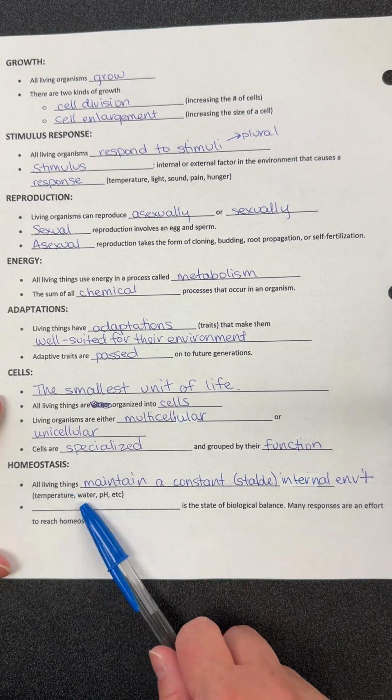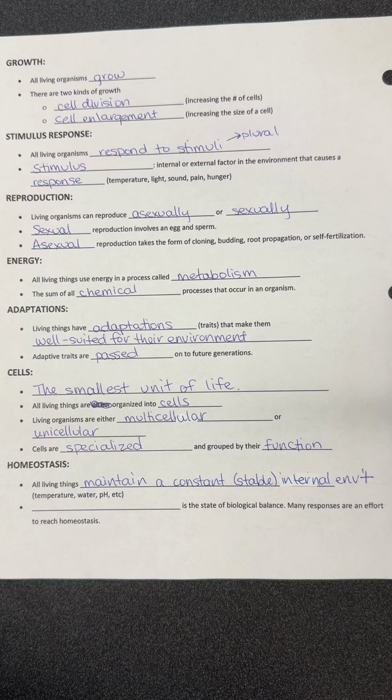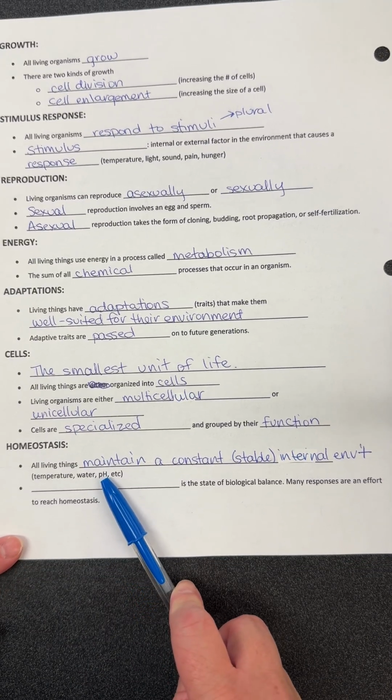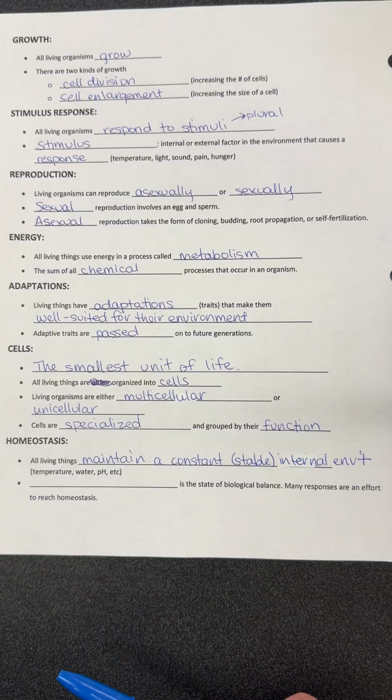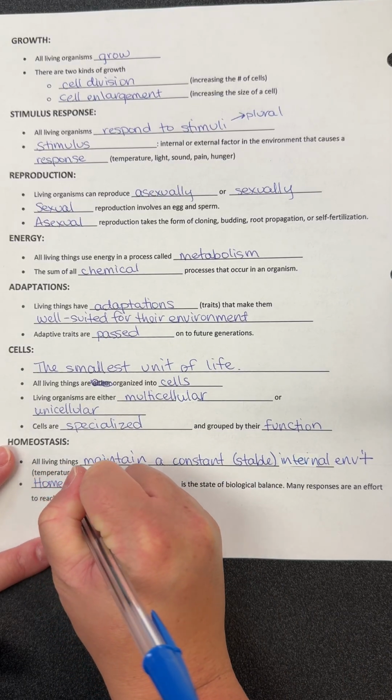We also have to regulate water. So if we're dehydrated, sometimes we hold on to what water we do have, and maybe you get swollen a little bit. We also regulate our pH. There are lots of things that we regulate internally. But homeostasis, a very key component to life.